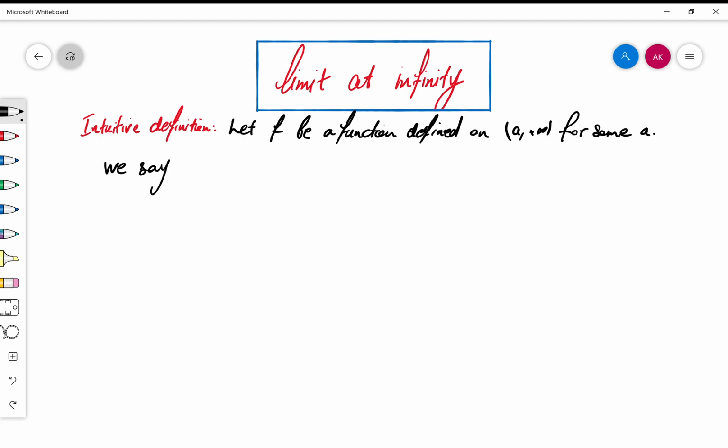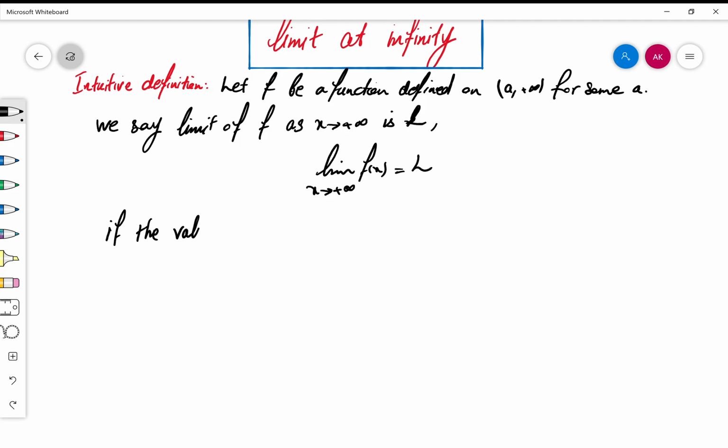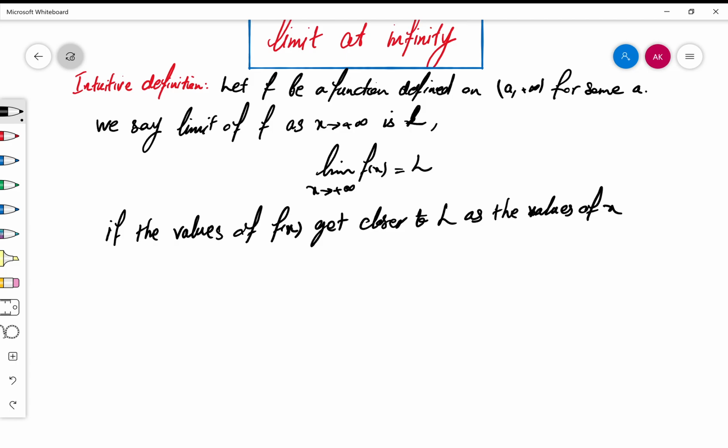We say the limit of f as x approaches plus infinity is L. We write it as this one, limit of f of x as x approaches plus infinity is L, if the values of f of x, the values of the function, get closer to L as the values of x grow to larger and larger values.